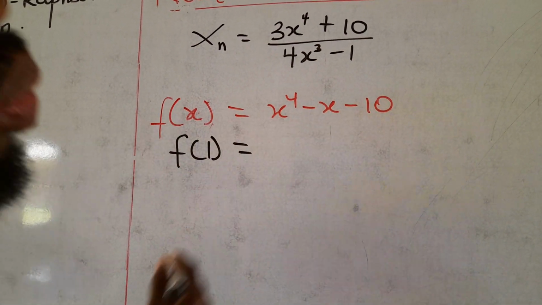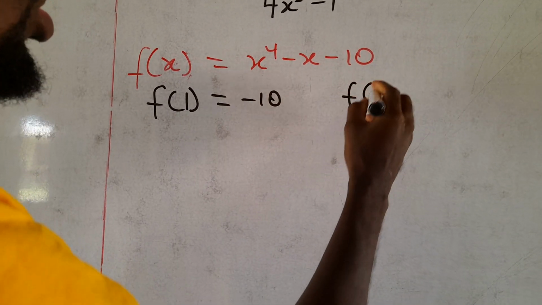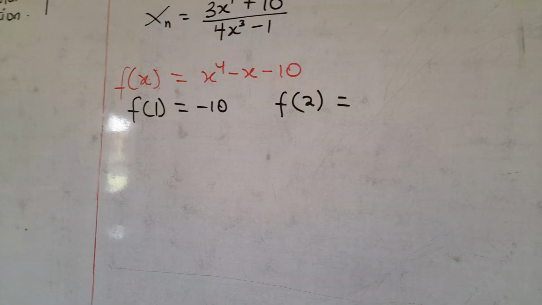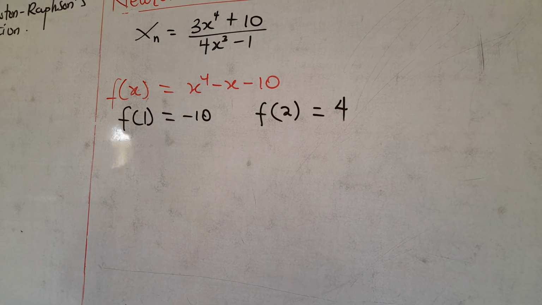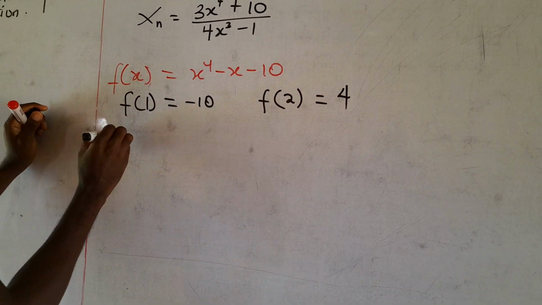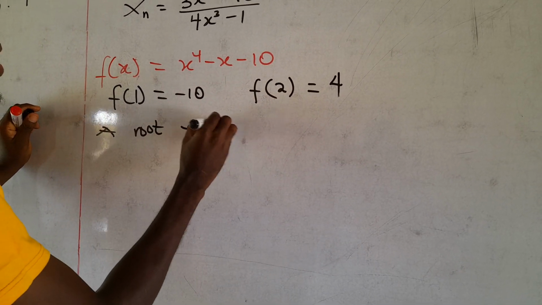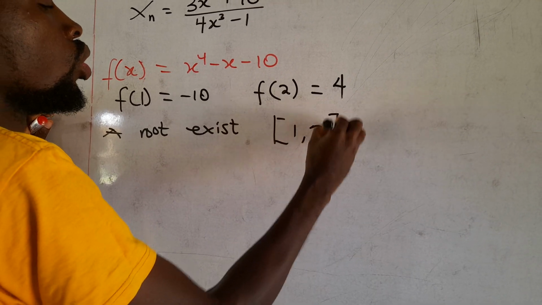Our f of 1 will produce negative 10, and our f of 2 will produce 4. So since this is negative and this is positive, it means a root exists within the interval 1, 2.